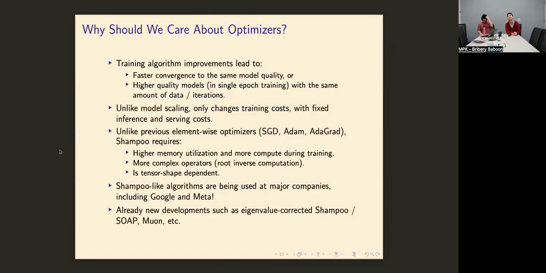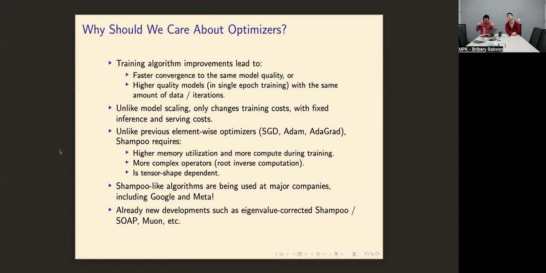I'd like to start by asking, why should we even care about optimizers in deep learning? If you're coming into the machine learning area, oftentimes what you'll do is just take Adam from PyTorch or JAX or TensorFlow and plug that in, using it as the methodology to train your neural network model. Oftentimes the developments you see in machine learning are centered around modeling improvements or scaling improvements as ways of improving our models or systems.